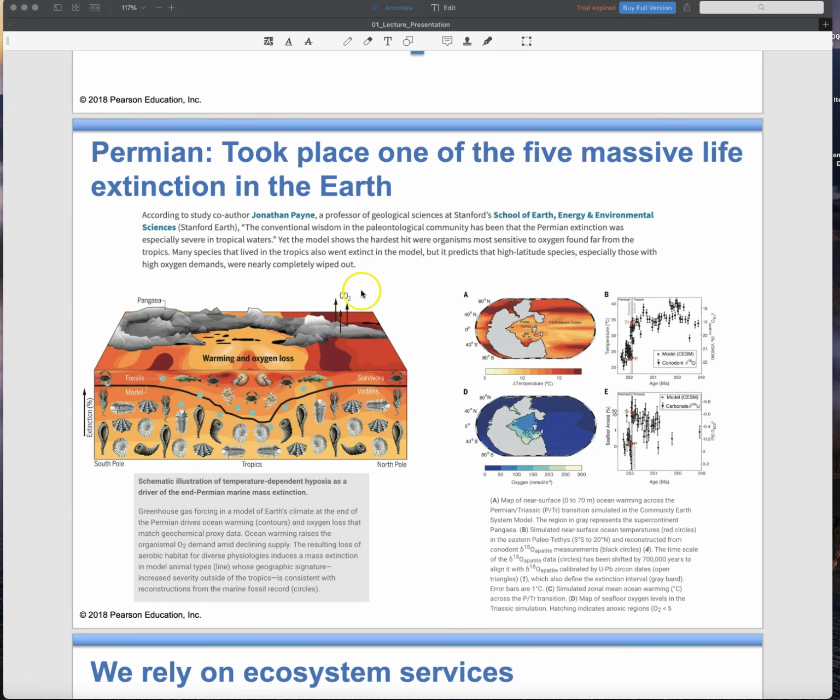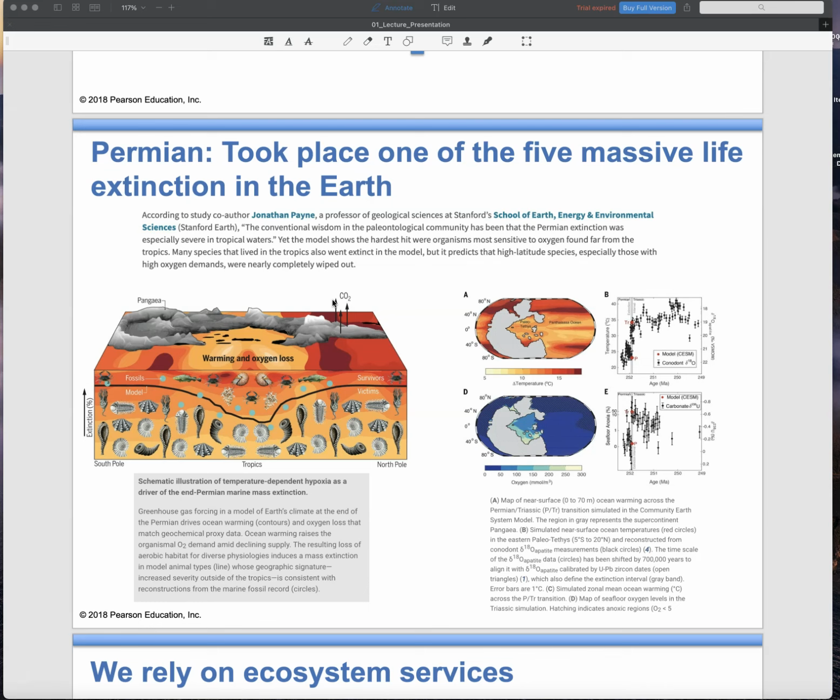And the level of CO2 in the troposphere was extremely high, which created very high temperatures in the planet. And that was responsible for triggering the big extinction of all the marine life at that time, because the first layers of water in the ocean were very warm.